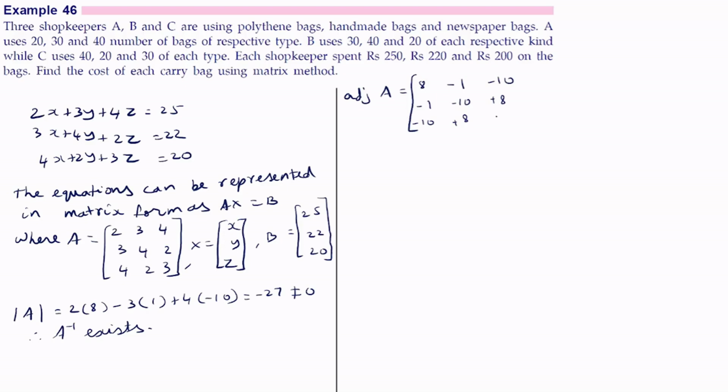And next we have 8 minus 9, which is minus 1. Transpose. So this is 8, minus 1, minus 10, and so on. The transpose of this matrix, the rows become the columns. So minus 1, minus 10, 8, minus 10, 8, minus 1.